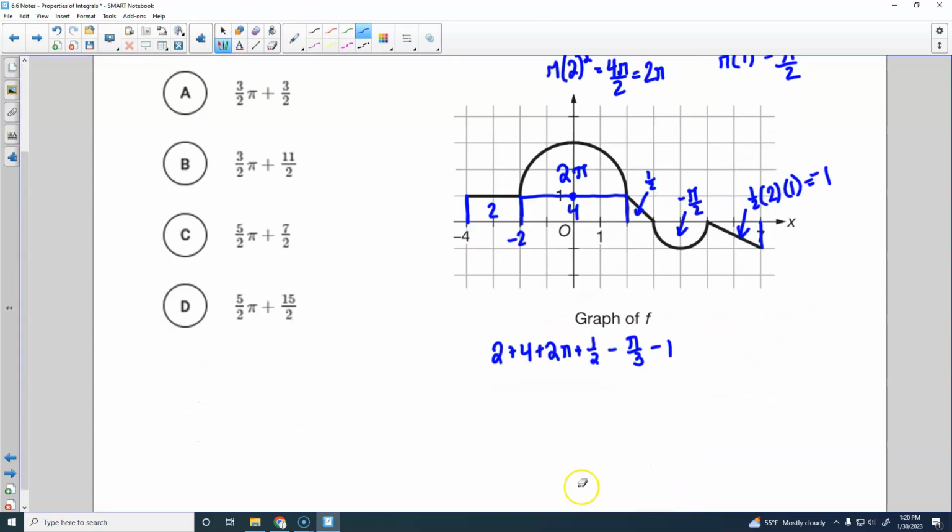So if we put this stuff together, I'm going to have 2, 4, and subtract 1, that gives me 5 plus 1/2 plus 2 pi minus pi over 3. So this would be 10 halves plus 1/2. And then we got, let's make this over 3 as well.